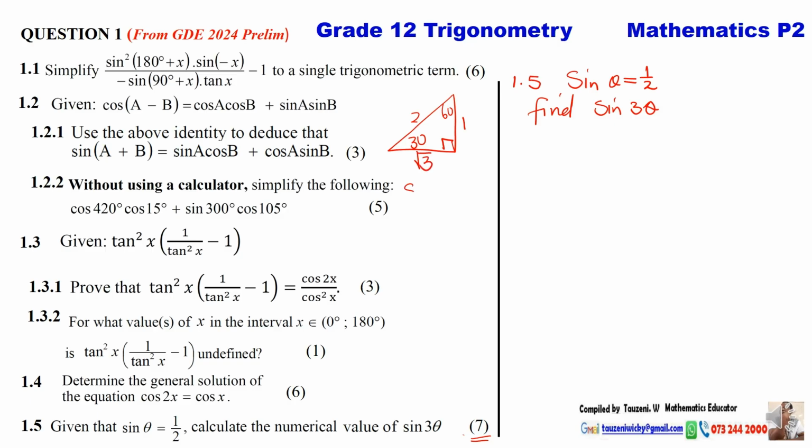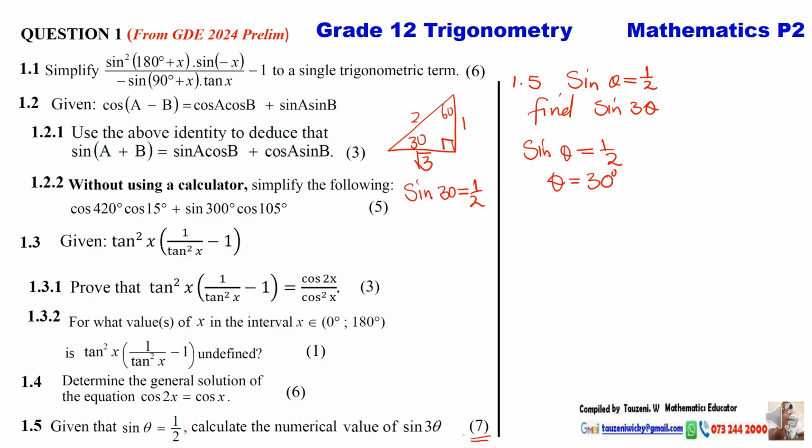The sine of 30 degrees, from the special angles, is equal to 1 over 2. So if they tell us that the sine of theta is equal to 1 over 2, then we can safely say that theta is equal to 30 degrees from special angles, without using a calculator.